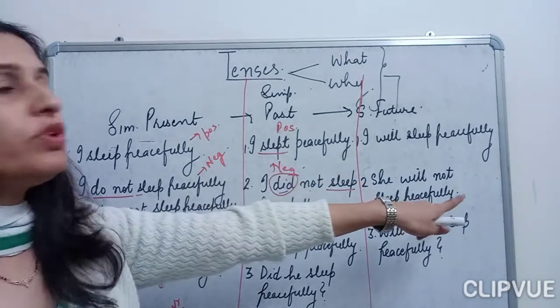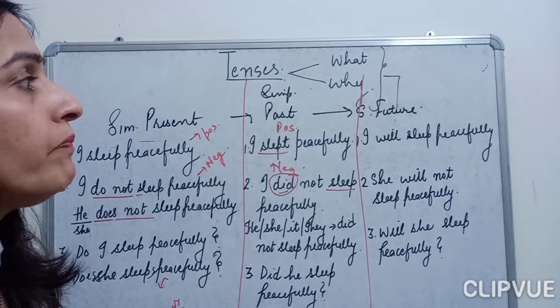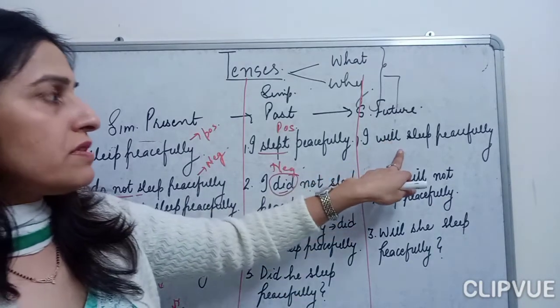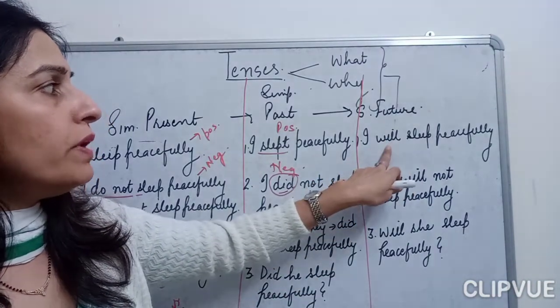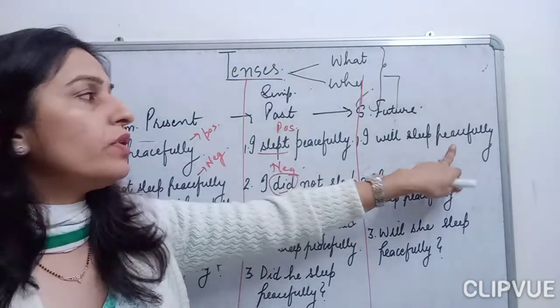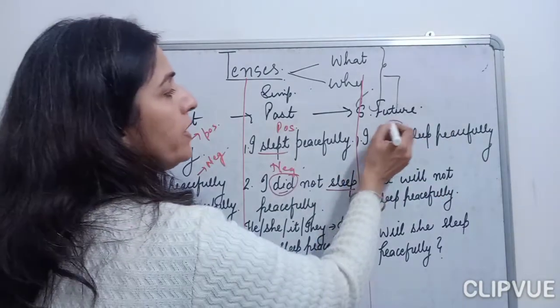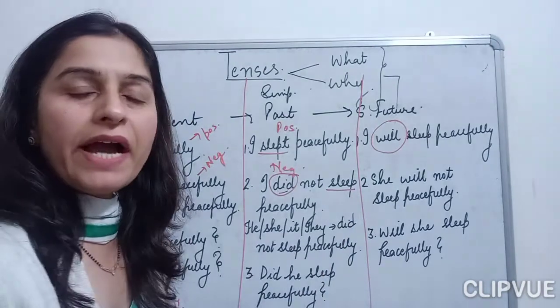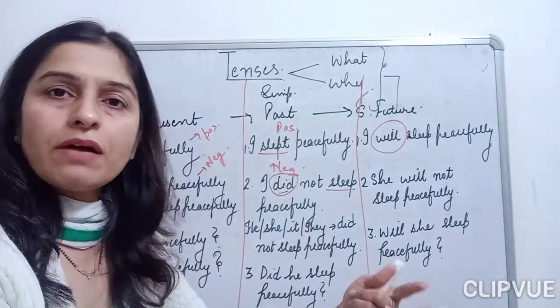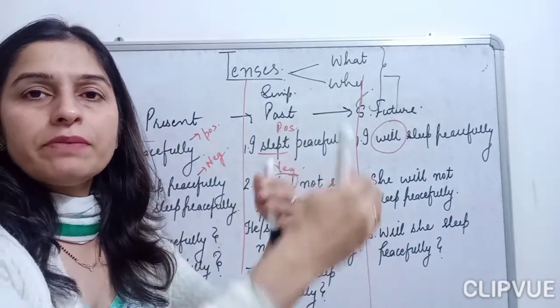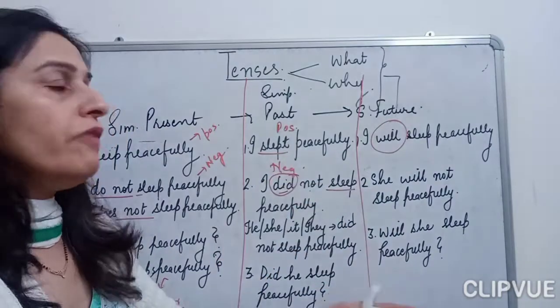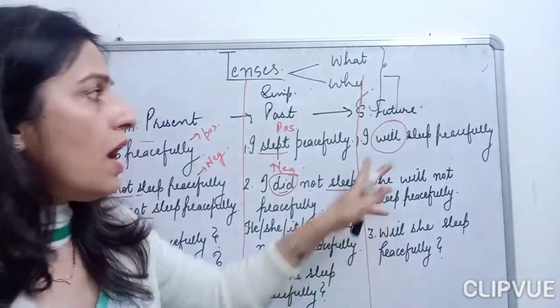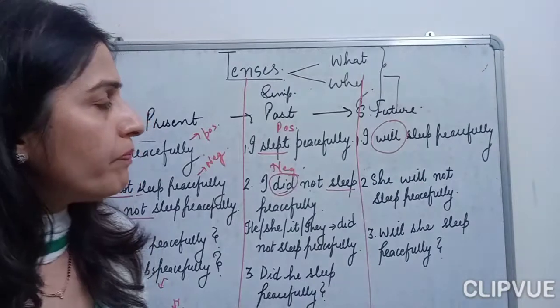Now let's move on to the future, children. Now future, the positive sentence will be I will sleep peacefully. I have used here will to indicate that my action will be done after some time. My action will take place after some time, which is not sure about. I will sleep peacefully.